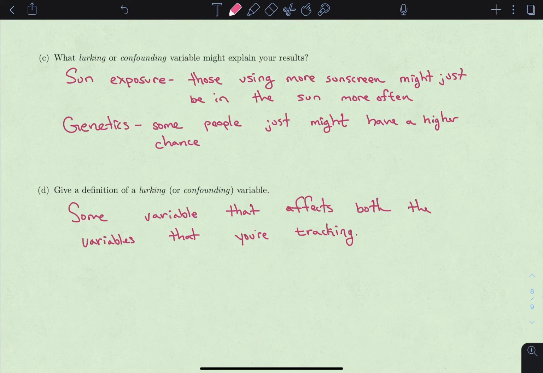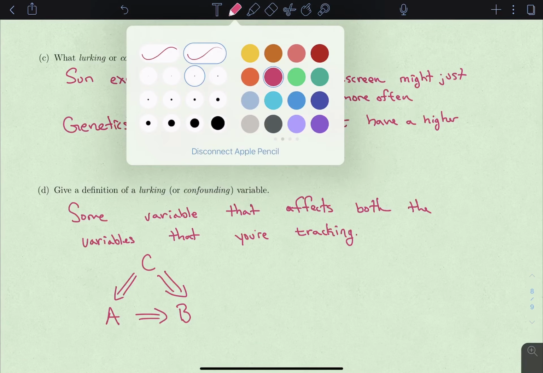So you might be trying to draw this picture where A is causing B, but really there's some variable C, a confounding variable, that's affecting both of them.